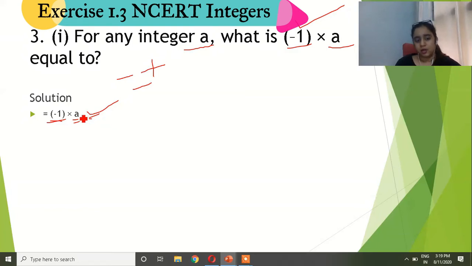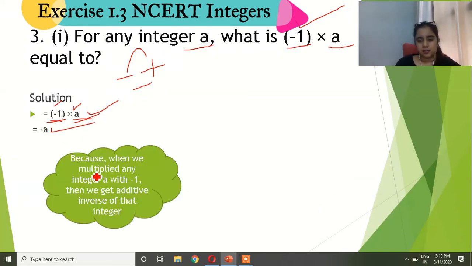So if I multiply a by 1, I will get the answer a. But what is the sign of that answer? We will apply the rule of multiplication here, because one number is negative, that is -1, and a is positive, so we will get the answer in minus, that is -a.